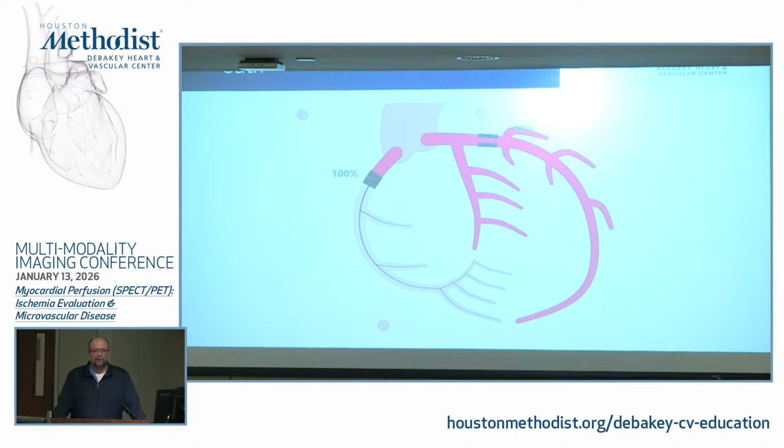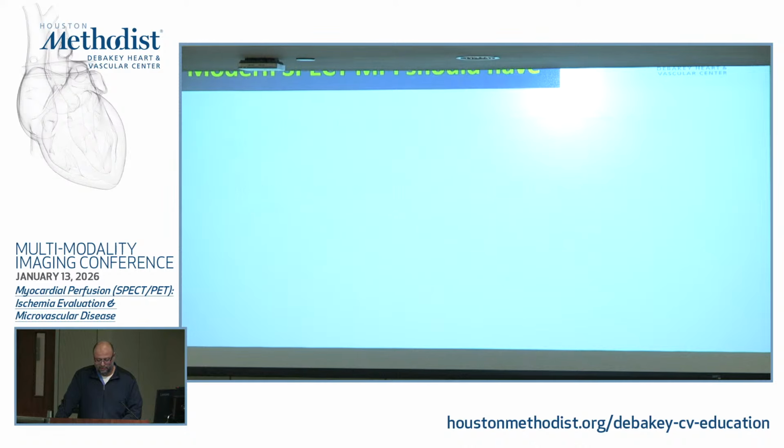So prone imaging is good, but it's not as good as attenuation correction. If you have attenuation correction, it is a better tool for these patients. So at the end of this SPECT part, before we move on to PET, if you're going to practice SPECT in this era, obviously PET is a better modality, but access to PET is still an issue, and SPECT is the most commonly used modality.